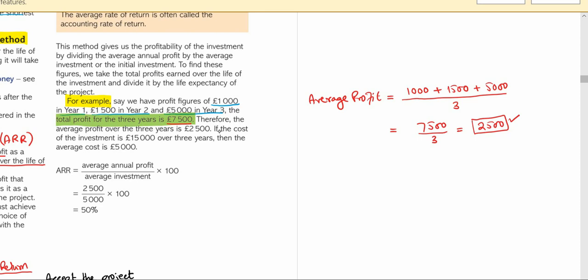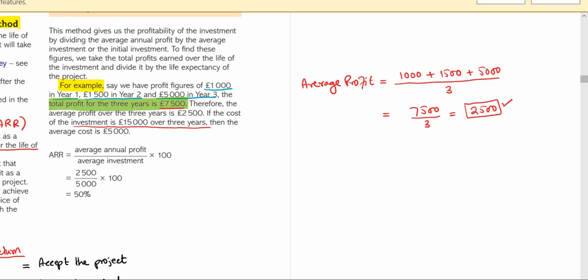Okay, if the cost of investment is 15,000 over the 3 years, so this is the total investment for 3 years. Then we may calculate the average investment.